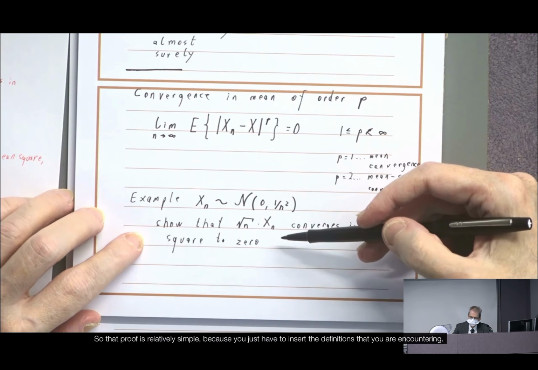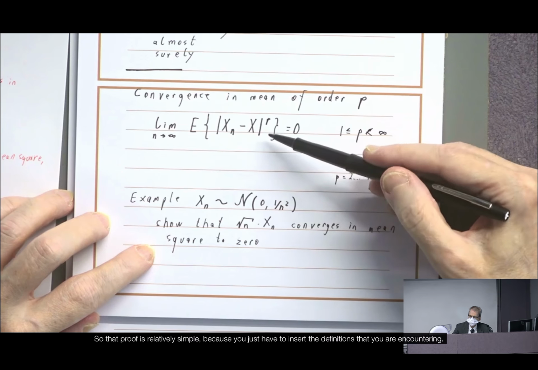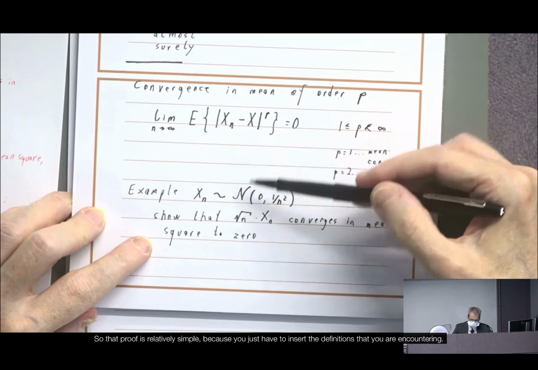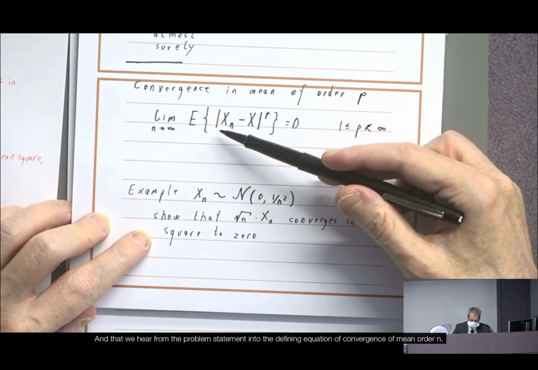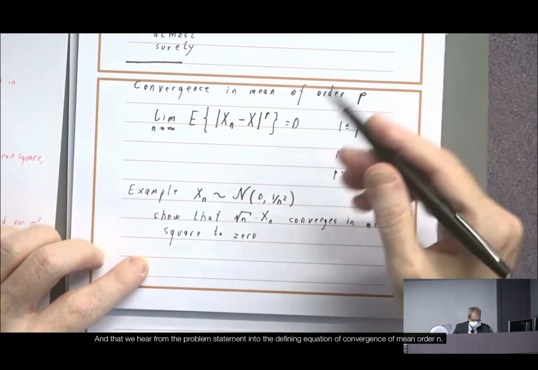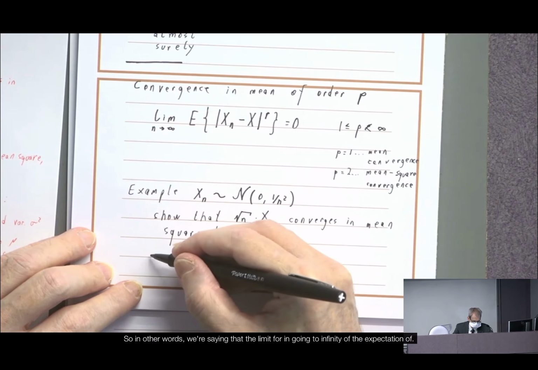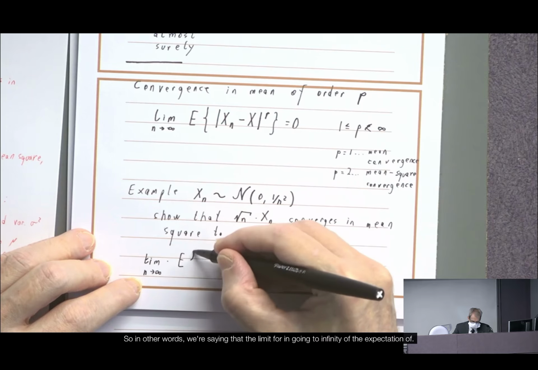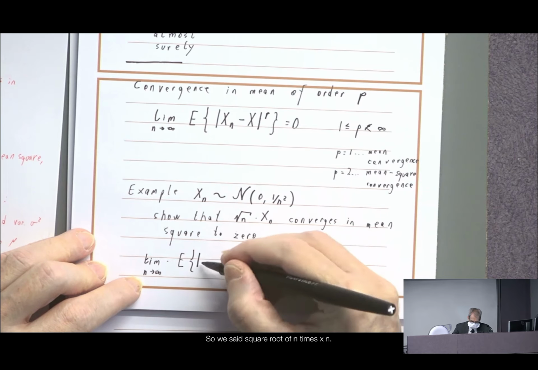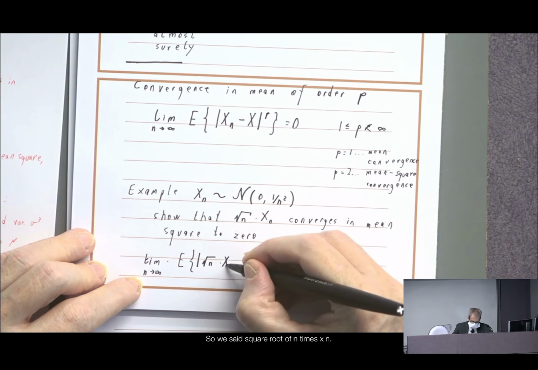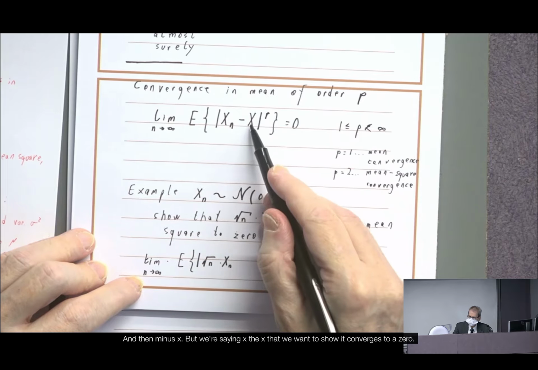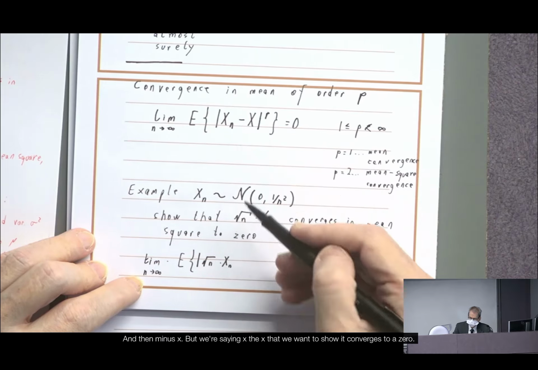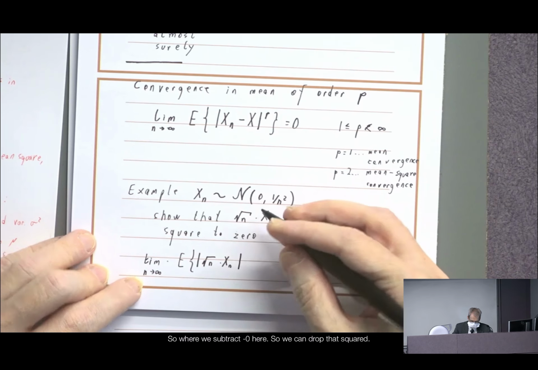So that proof is relatively simple because you just have to insert the definitions that we hear from the problem statement into the defining equation of convergence in order p. So in other words, we're saying that the limit for n going to infinity of the expectation of square root of n times xn minus x squared, but the x that we want to show it converges to is 0, so we can drop that.